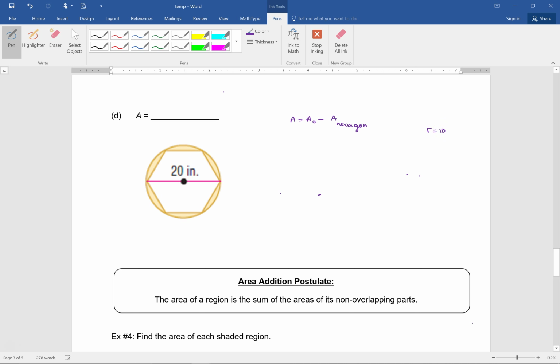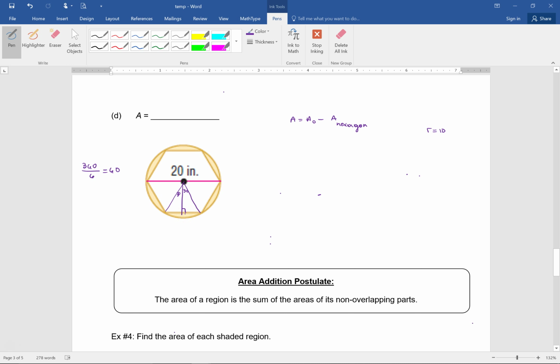Now, I need to find the area of the hexagon. So I do it just like I did all the other ones. I draw two sides here. Okay? Now, how much is the central angle? 360 over 6 is 60. So each of these are 30 and 30. And I've got a 90-degree angle there for the apothem.